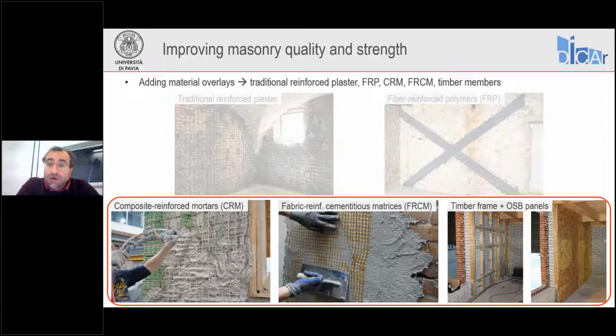This is the evolution of FRP overlays. And finally, we have a technique that is based on timber material, again connected to the masonry surface, which we will see in today's presentation acts very similarly, from a certain point of view, to the CRM or the FRCM strengthening method.